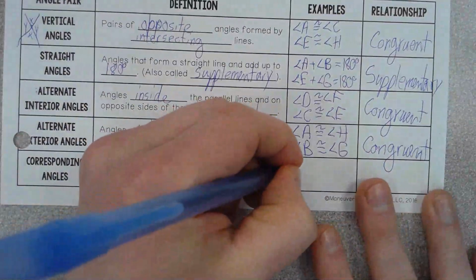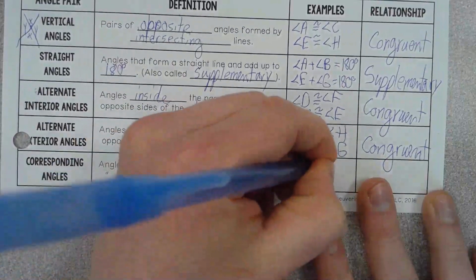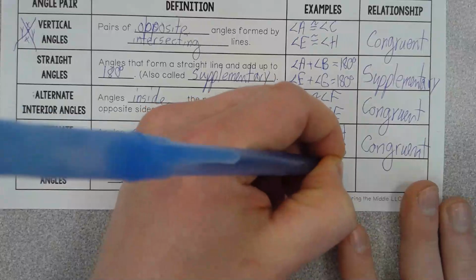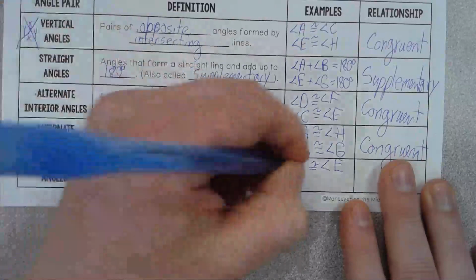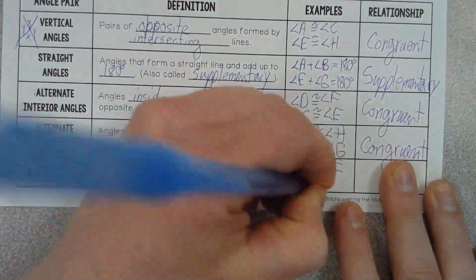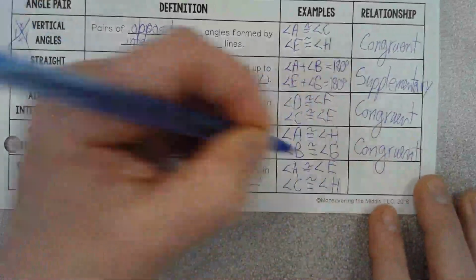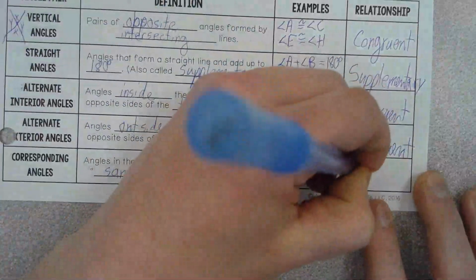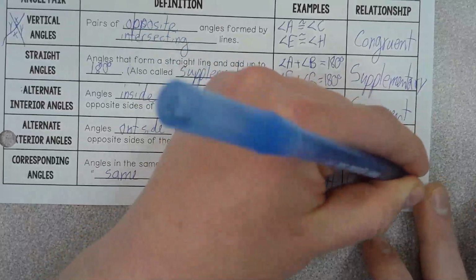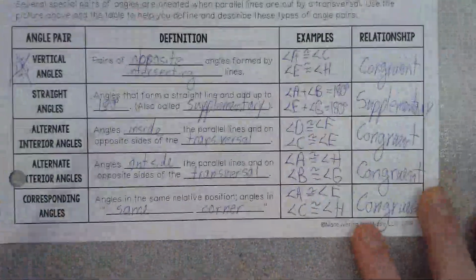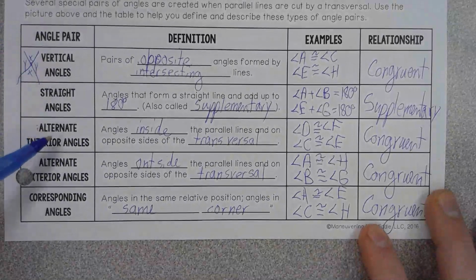So I'm just going to write down a couple of them. Angle A is congruent to angle E because they are corresponding. Let's write down this. Angle C is congruent to angle H because they are corresponding angles. And again, we are proving congruency. They are congruent.